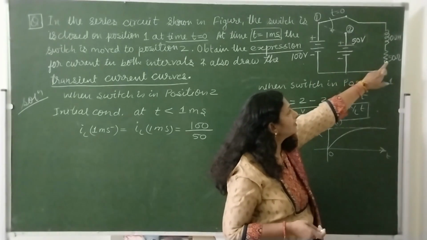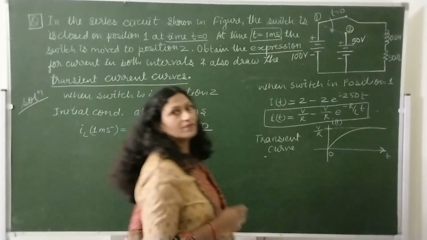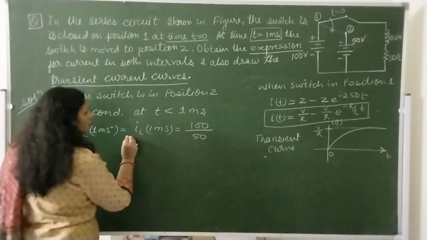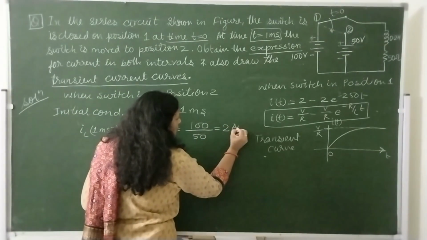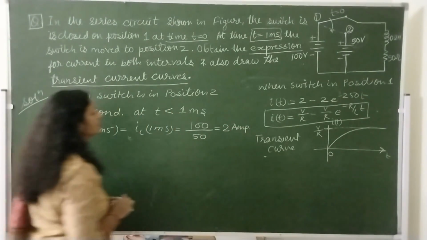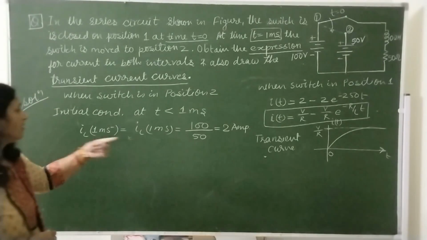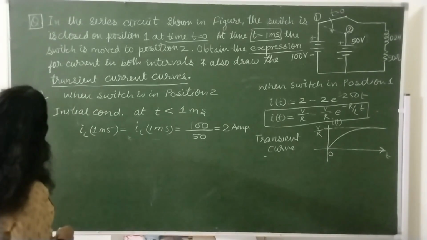So 100 divided by resistance will give the value of current through inductor. That is our initial condition. So 2 amperes is the value of IL at 1 millisecond.